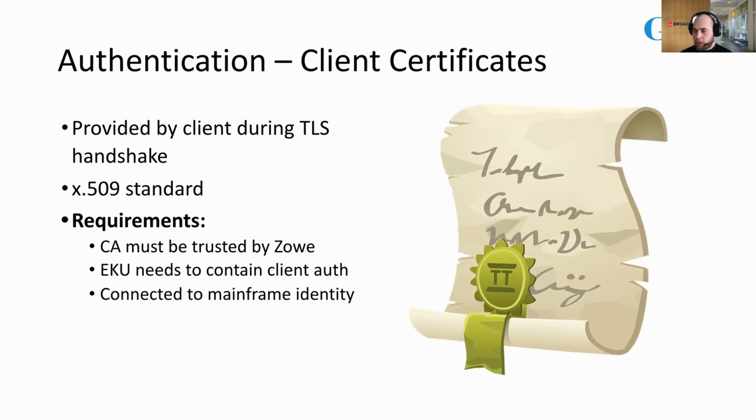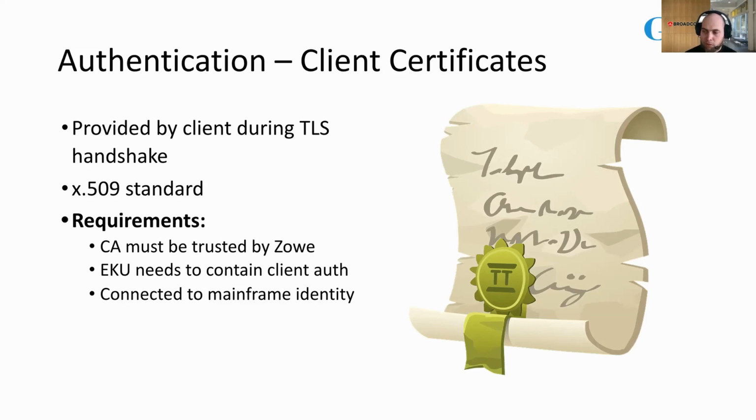How exactly you can do this and what exactly it means is in the Zowe docs or just out there in general. But basically it means that there is a specific type in the extended key usage when you create a certificate. And the client certificates that are used in the authentication for a specific user need to be connected to a mainframe identity.